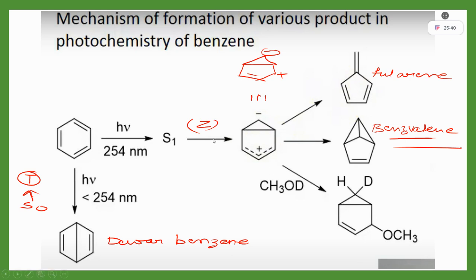You can see that in CH3OD, this deuterated methanol, CH3O negative will be captured by this positive charge, and this negative charge will be quenched by this deuterium D positive, which confirms that this reaction goes through the zwitterionic form. This is the mechanism for formation of various products when benzene is left in photochemical conditions.